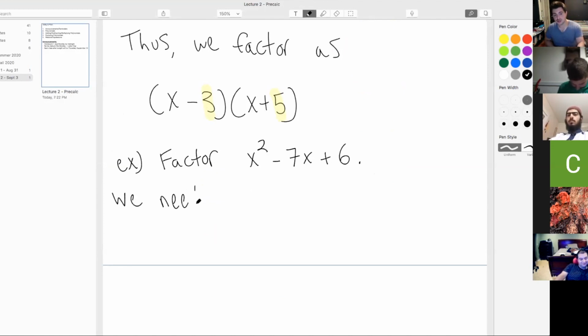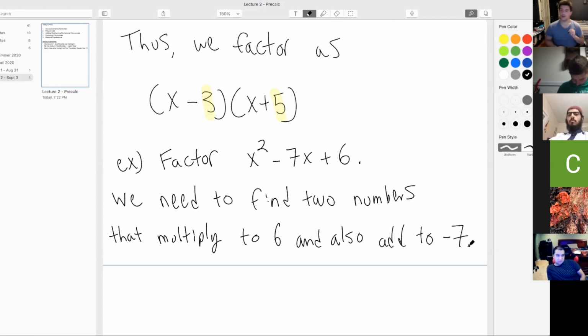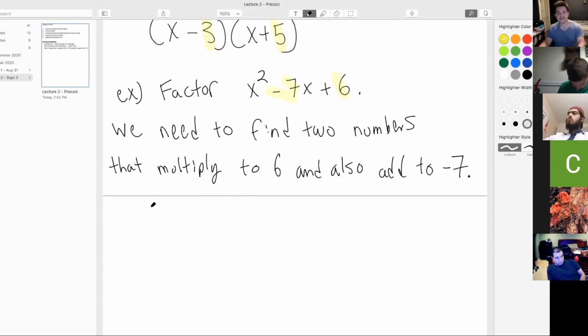We need to find two numbers that multiply to 6 and also add to negative 7. Where am I getting 6 and negative 7 from? You need to examine the constant term and the coefficient of the x term. So let's start by listing pairs of numbers that multiply to 6.